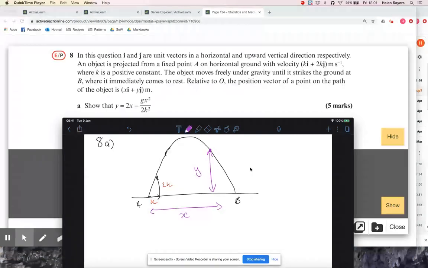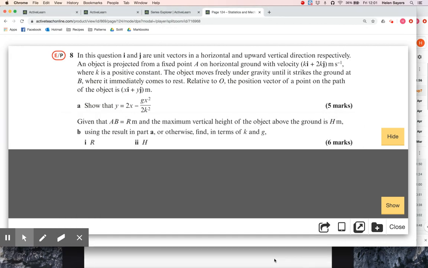So horizontally is always easier because we don't have acceleration in the horizontal direction. So let's start thinking horizontally. Horizontally, the velocity is k. I've just been given that in the question.